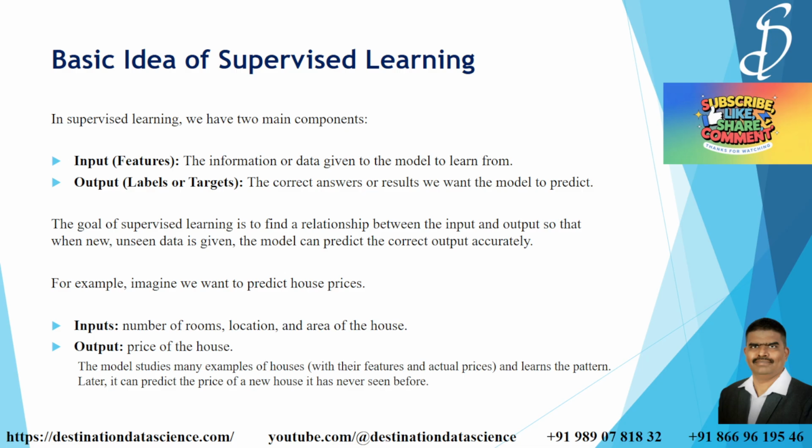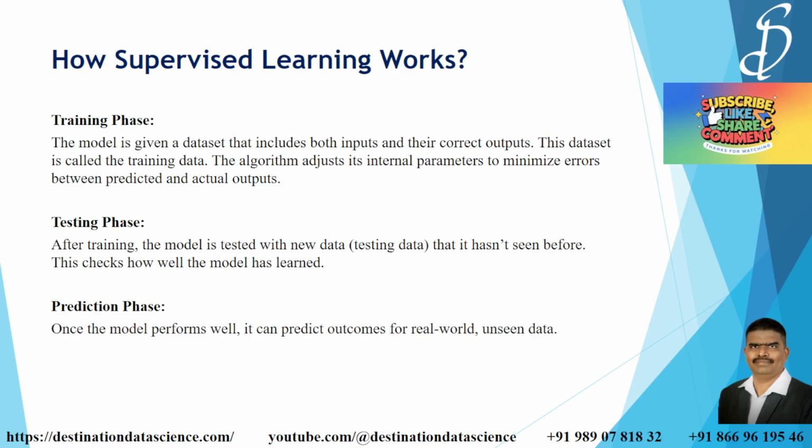The sample data on which we train the machine learning model gives the learning to that model. Then in future, if you want to predict something, the model can successfully predict the resultant value. Then, how does supervised learning work?